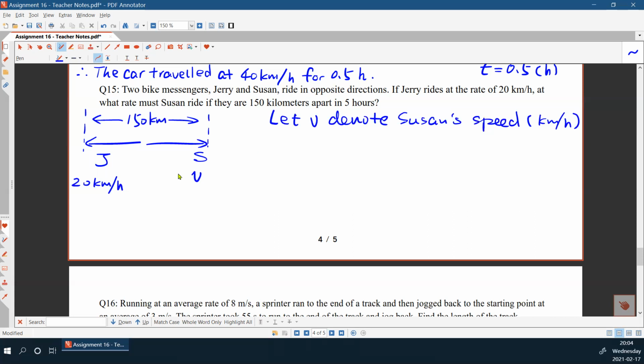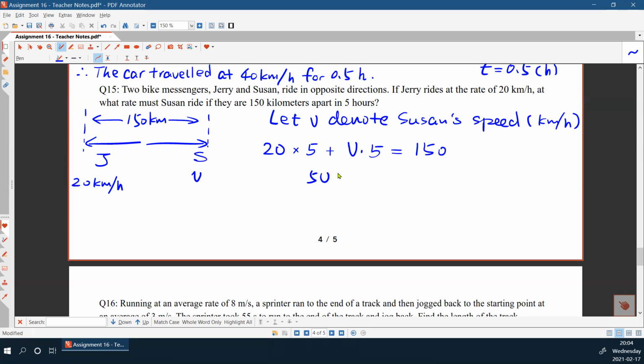So distance Jerry traveled is 20 kilometers per hour times 5 hours. Distance Susan traveled is V times 5 hours, right? And sum of these two distances is 150. From this equation, we can easily solve our V, right?